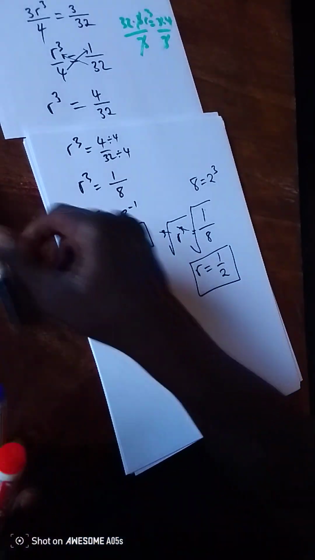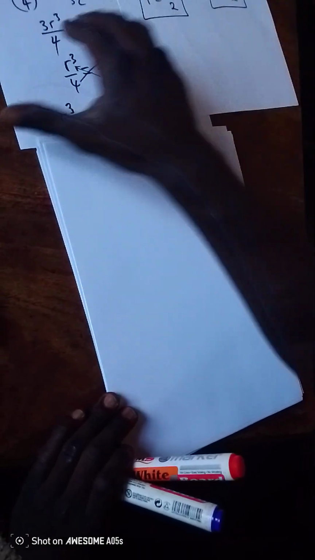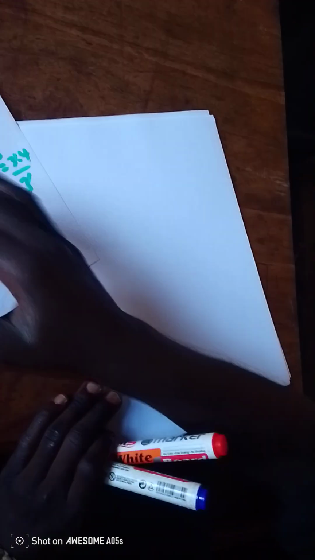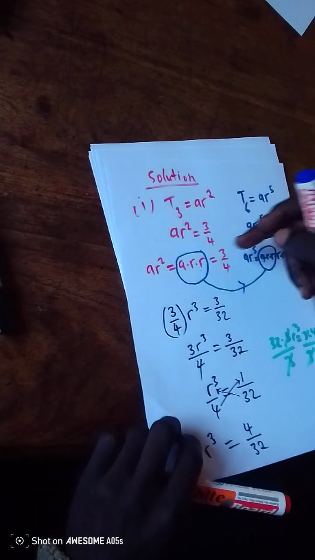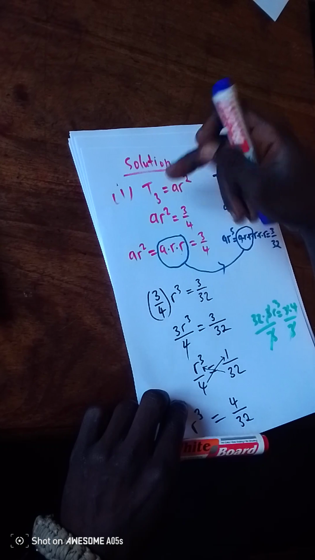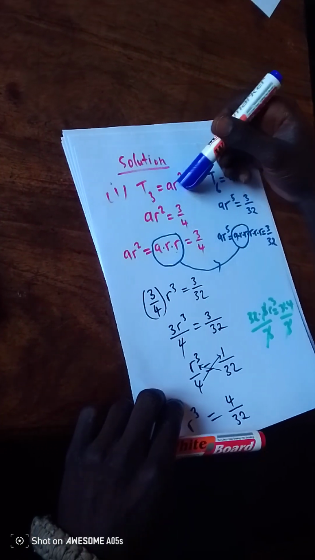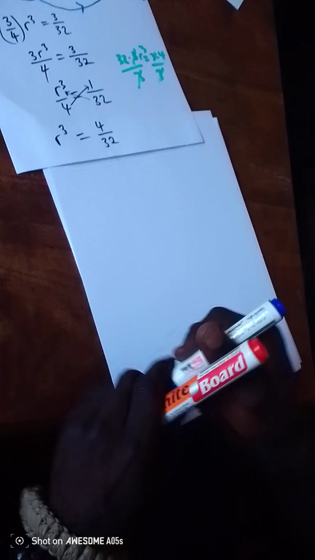Then from there we can get back to the solution of finding A. To find A, we are simply going to come here where it was simpler, so you can use T3 equals this one rather than the other. So that's what we are going to rely on.